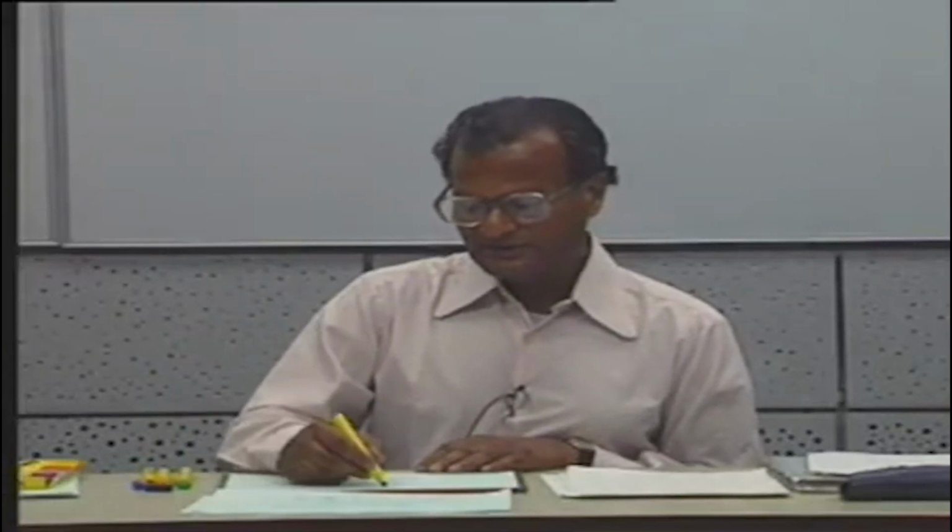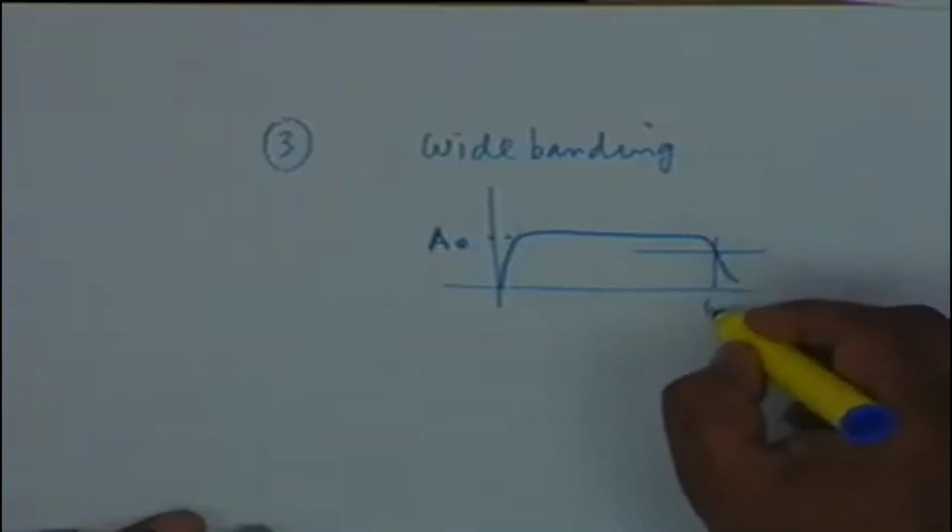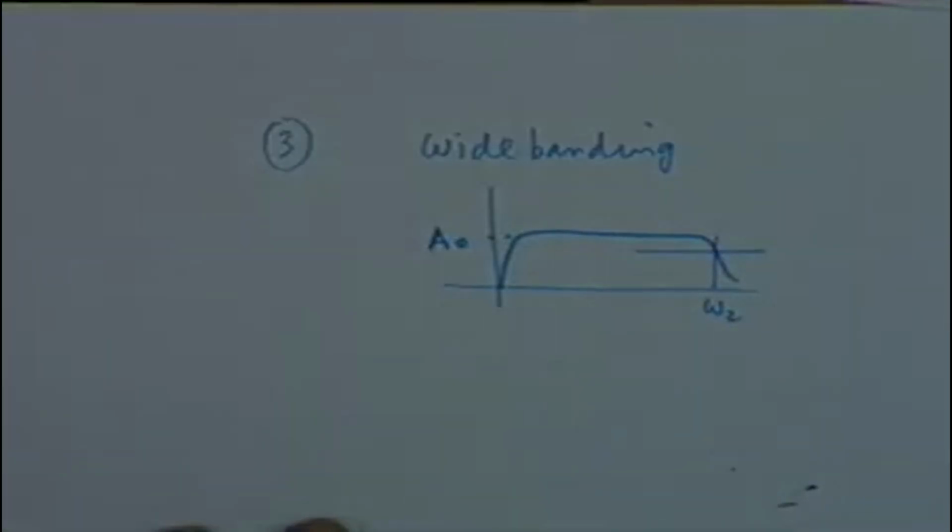The third reason why negative feedback is used is wide banding. That is, if you have an amplifier with, let's say, mid-band gain of A0 and an upper cutoff frequency of, let's say, omega 2. All right.